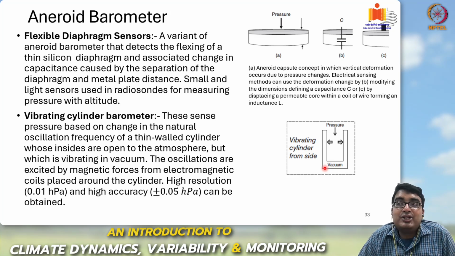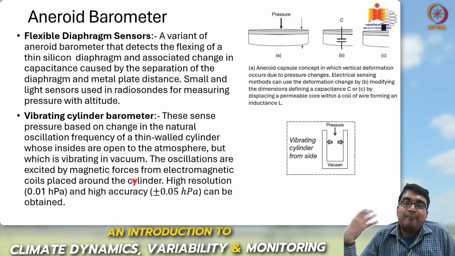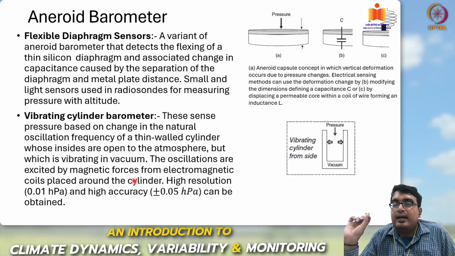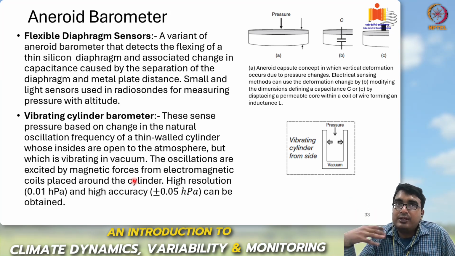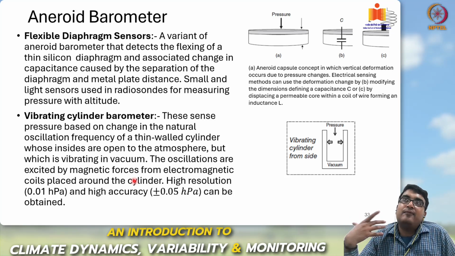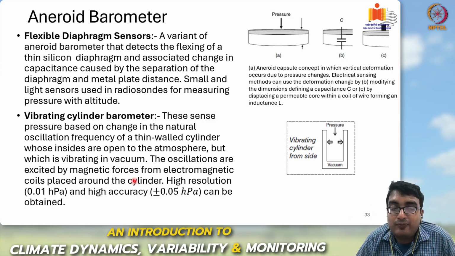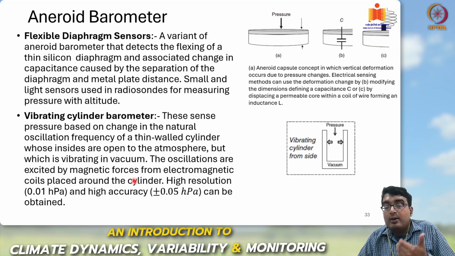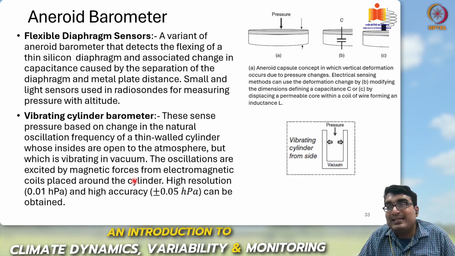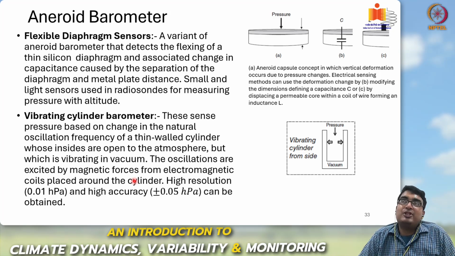and these oscillations are excited by magnetic forces coming from electromagnetic coils around the cylinder. So the cylinder is wrapped with electromagnetic coils, and magnetic forces generated by this coil give the force necessary to have the cylinder vibrating at its own natural frequency. However, as the pressure inside the cylinder changes, the natural frequency also changes, and hence the vibration frequency changes.